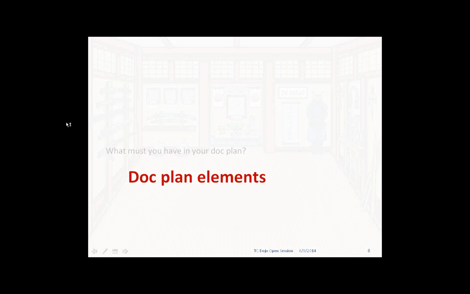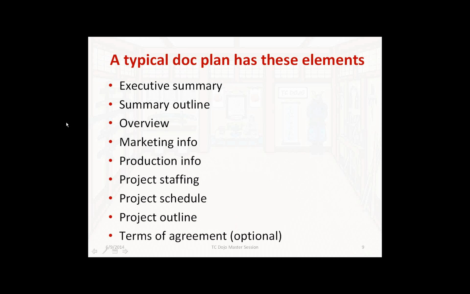Moreover, should you come up with something that I don't have in my doc plan template that you find of value, please email me and say, I've added a section on whatever, on how to arm the nuclear warhead or something like that, and I thought it was real valuable because blah, blah, blah. And I will be very keen to hear from you because I always like making this as complete as possible. A typical doc plan tends to have these general elements.